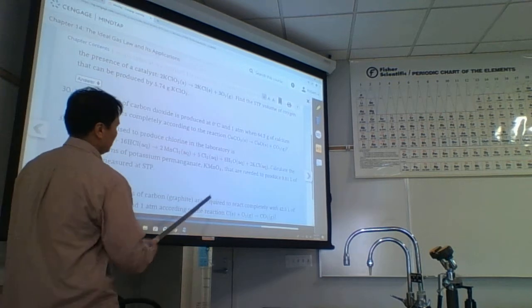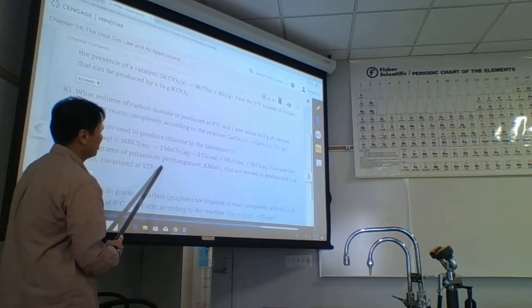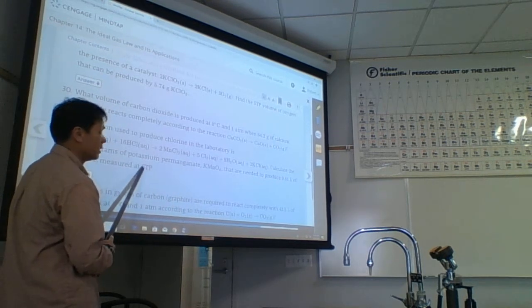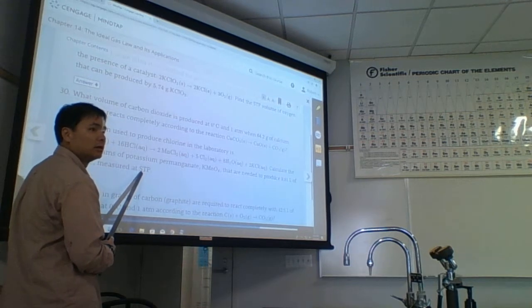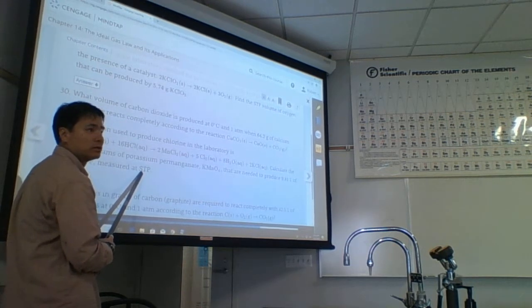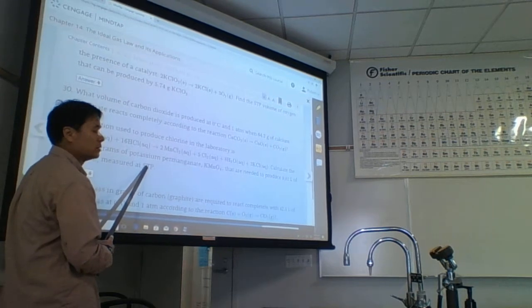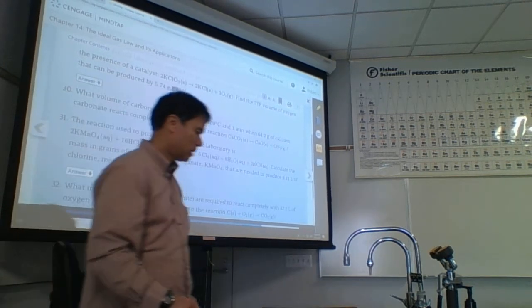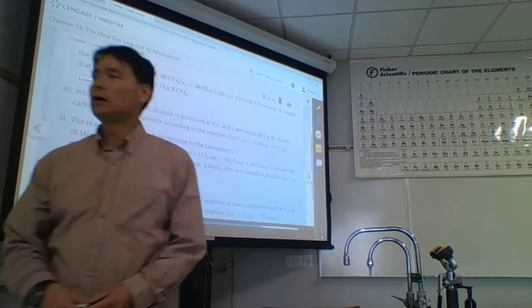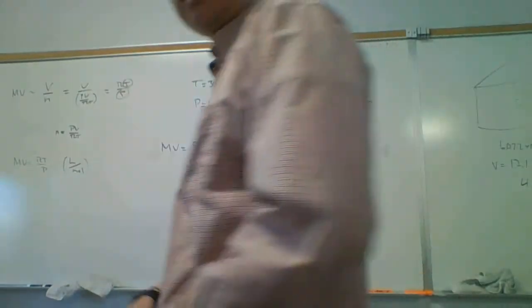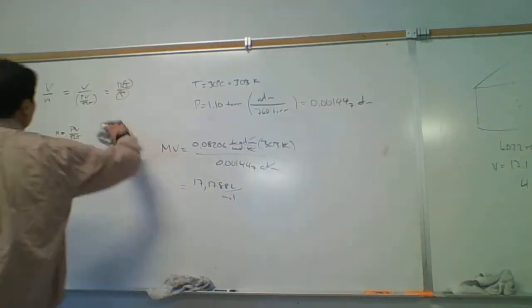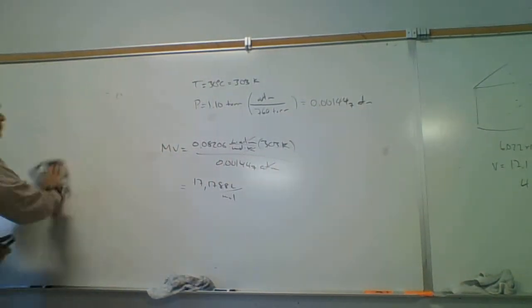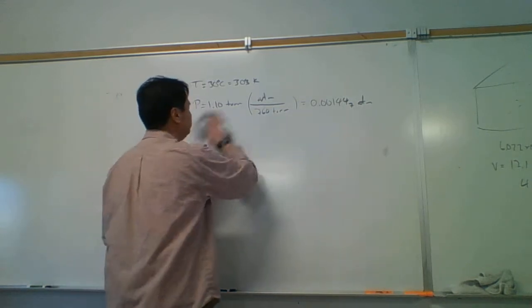This one's not that realistic, because if you're going to generate chlorine, you don't want to do it at STP. You want to do it at room temperature. So this is trying to generate chlorine in a freezer box. For this one, it's just another gas stoichiometry problem, so let's take a look at how we would set it up.